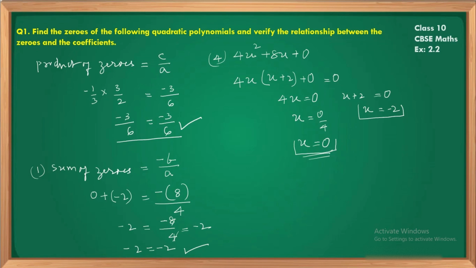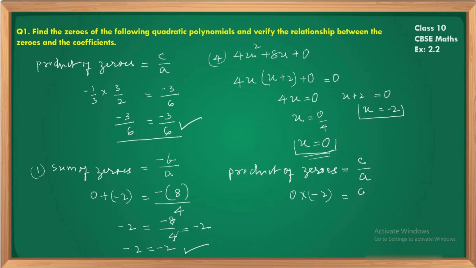And the second part of verification is product of zeros, which is equal to C by A. Product is again 0 into minus 2. This is one value of u, and this is the second value of u. Product of the two zeros of u equals C by A. C is a constant. Here we have only 0.